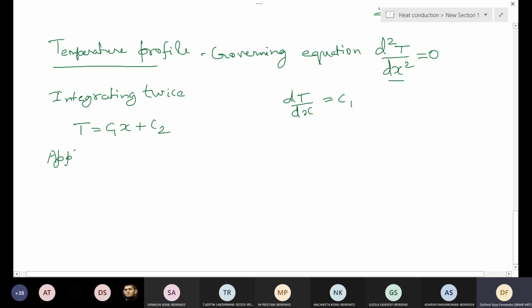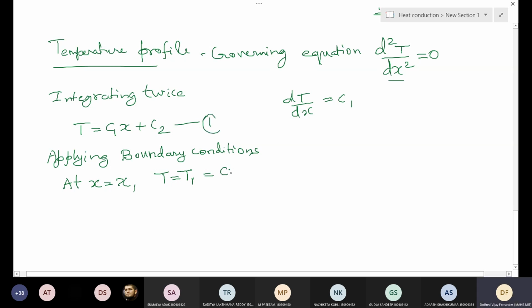Applying boundary conditions. What are the boundary conditions? At x equal to x1, T equal to T1. So tell me, what do you get in this equation if you apply the boundary conditions?